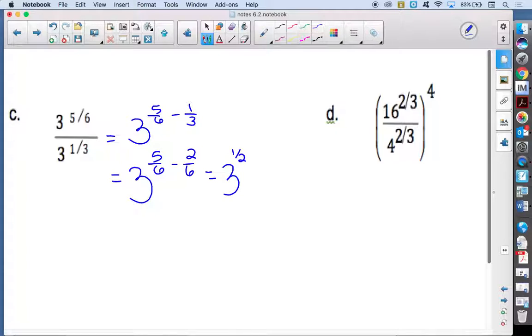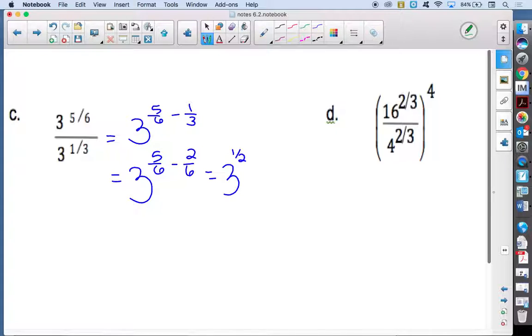Letter D, we have 16 to the 2/3 divided by 4 to the 2/3, and then all of that's to the 4th power. So what would you do with letter D? Ethan? You would do the inside of the parentheses first. Okay, what would you do inside the parentheses?